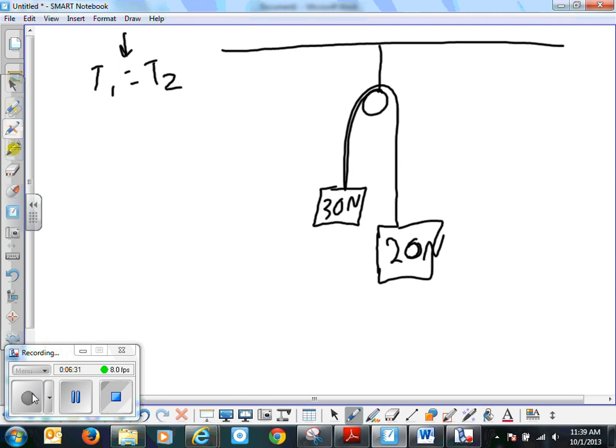So I'm going to label this T1, I'm going to label this T2, and then I'm going to put in all the forces. You have to start out with 30 newtons because that has to be factored in there somewhere. Because that's what the weight would be if there was no acceleration. Then you go minus mass times acceleration of the system.